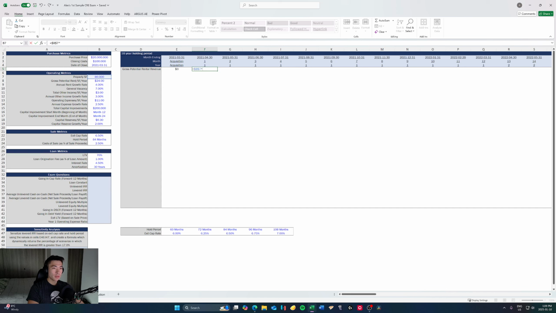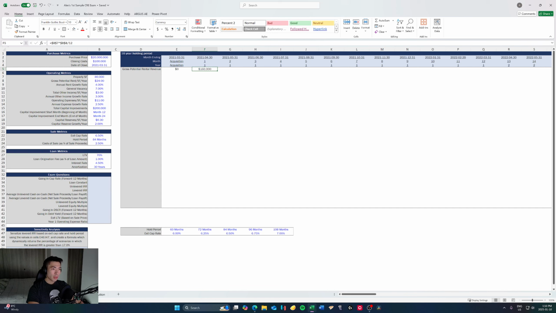The next thing we're going to do is multiply that by the gross potential rent per square foot per year. We're going to lock that cell too. Now notice that this is in terms of per year. We're doing this per month, so we have to divide this by 12. So we get $160,000, and that's going to be our first month gross potential rental revenue.